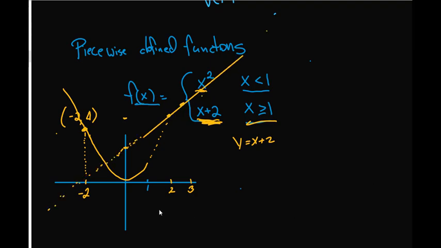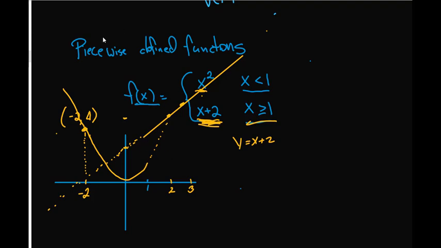That's not a very good picture, but you get the idea that this formula only applies to the right of 1, or actually right at 1, because this is greater than or equal to 1. So this one starts at 1, and this one goes up to 1.